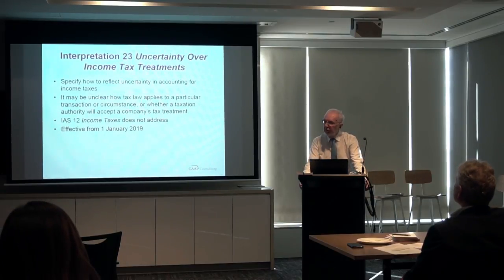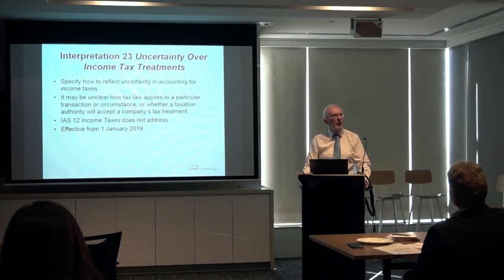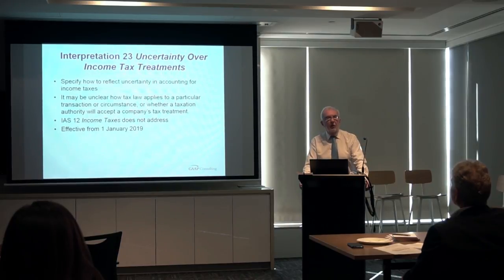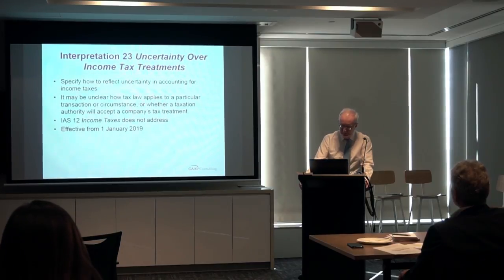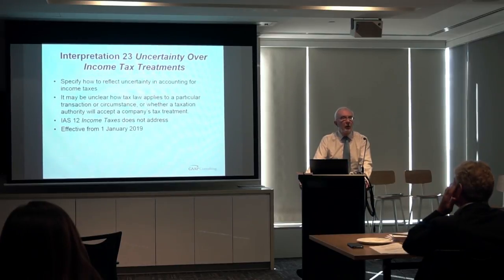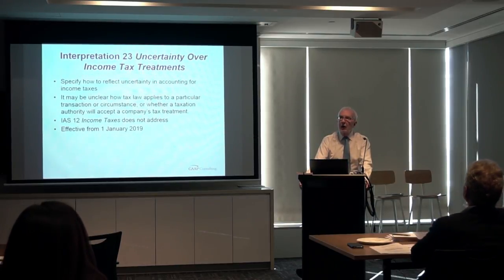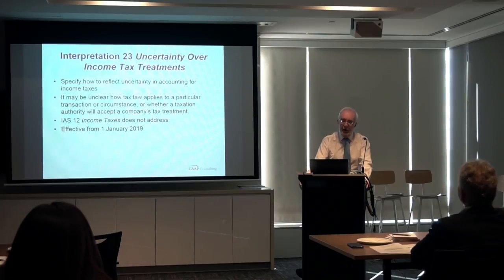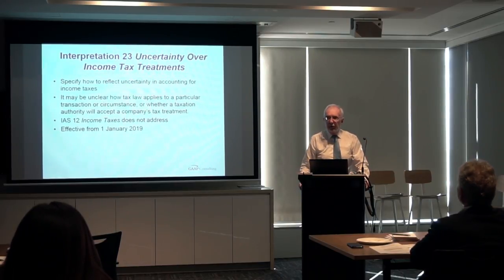We've got some general standards that deal with estimates and judgments, but when it comes to tax, that's a relatively sort of no-go area. We sort of stay mum on those particular issues because we don't want to upset the tax office. In the local regime, we can see that the ATO is challenging a number of multinationals, in particular about their tax treatments.